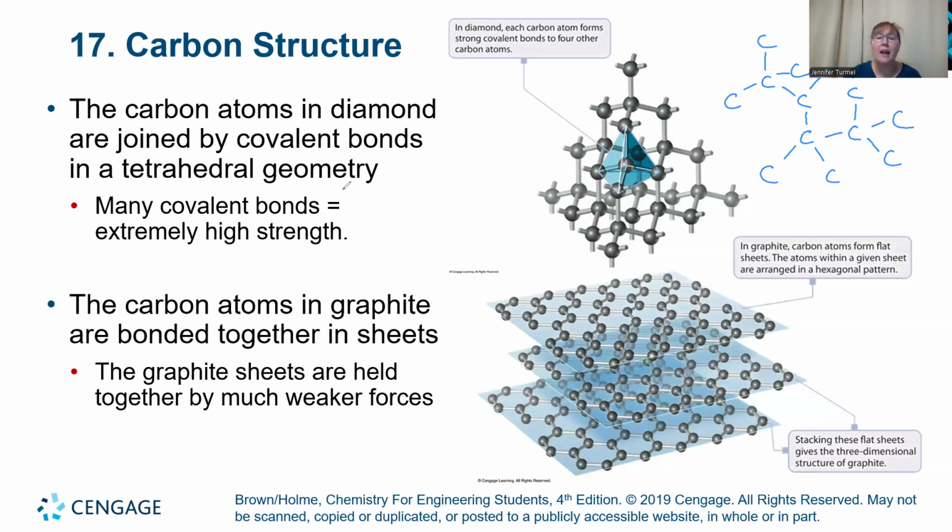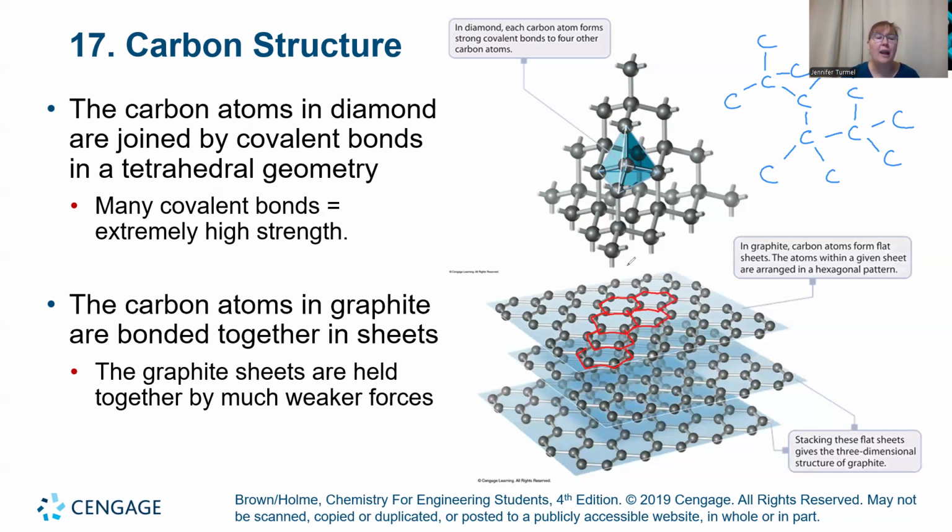Okay. Now, carbon atoms in graphite are different. Carbon atoms in graphite form these hexagons. See, here's a hexagon attached to another hexagon, attached to another hexagon, attached to another hexagon. So this is what graphite is. They form these hexagonal sheets.